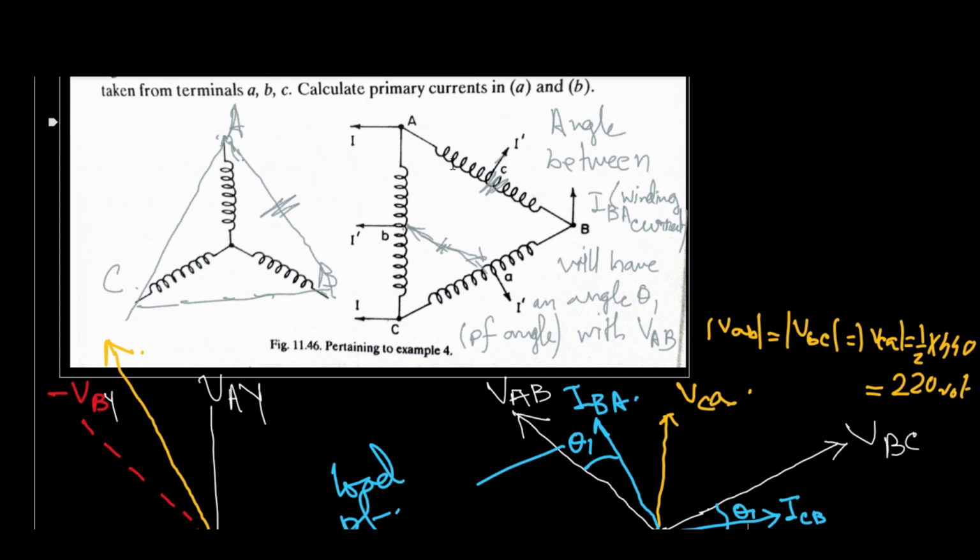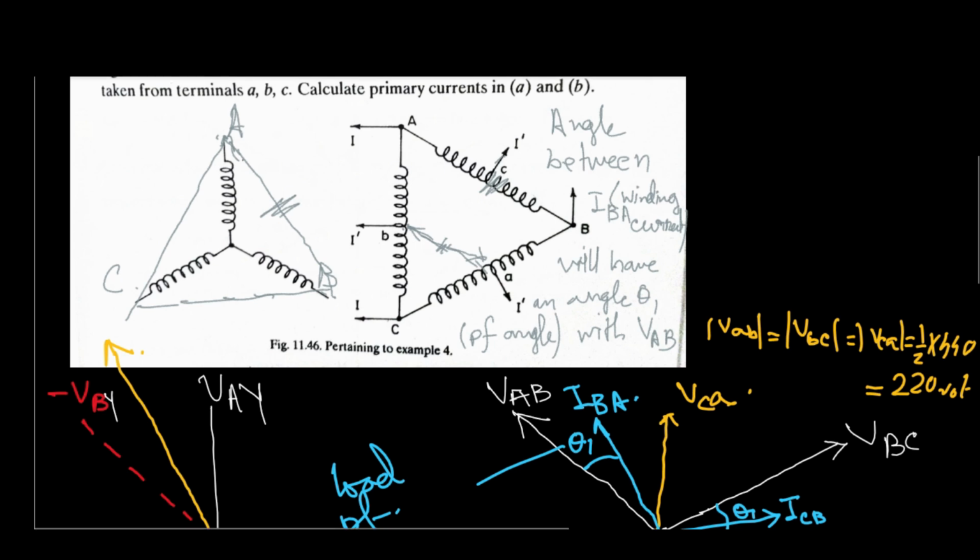So what you can understand, when you are trying to think about that I dash AB, that should be equal to, like here if you see that this is I dash AB.